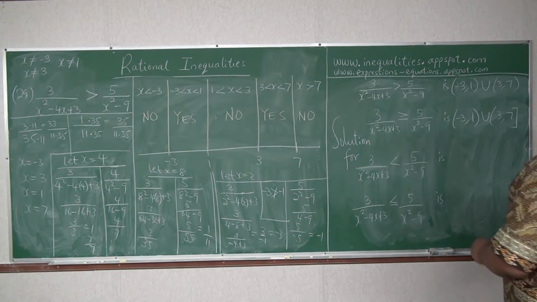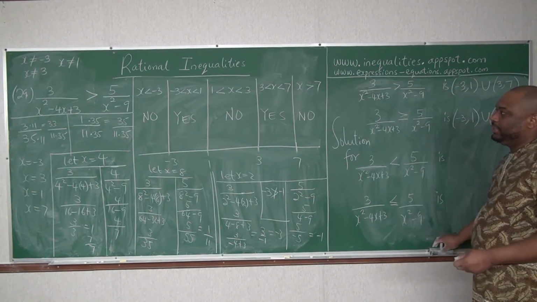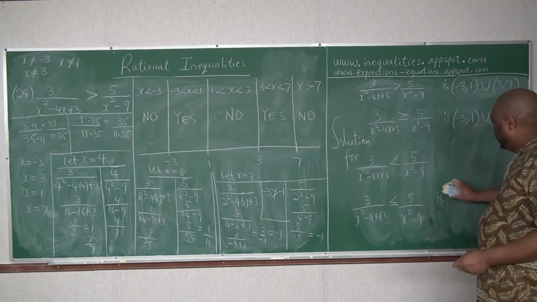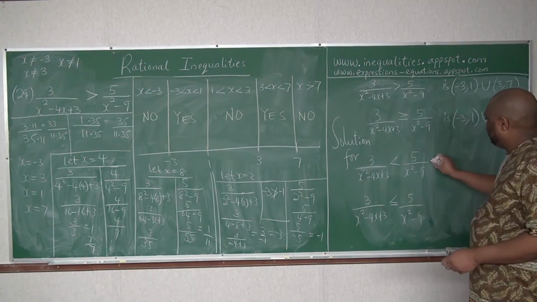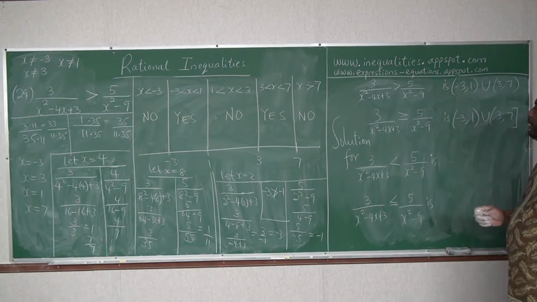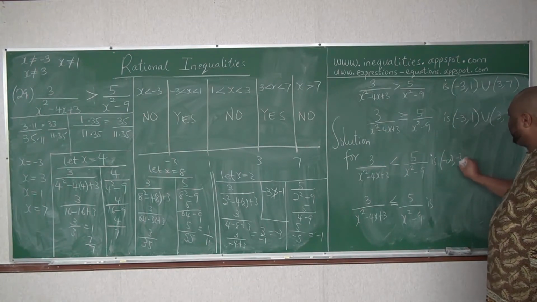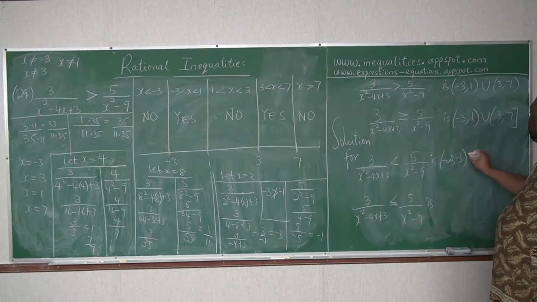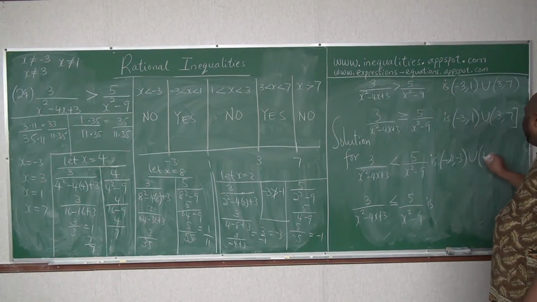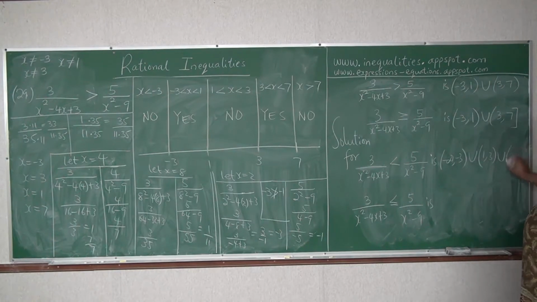Then less than will be the opposite, because it has 3 types. So let's make some more space. So this will be from negative infinity to negative 3, union 1 to 3, union 7 to infinity. Okay?